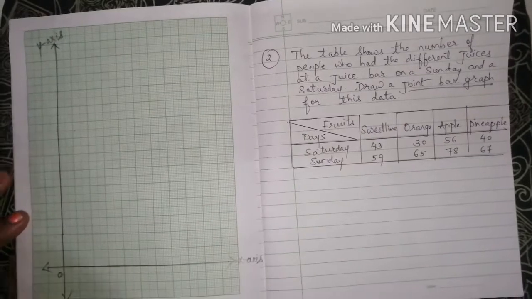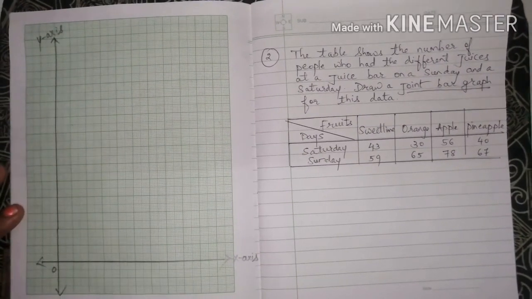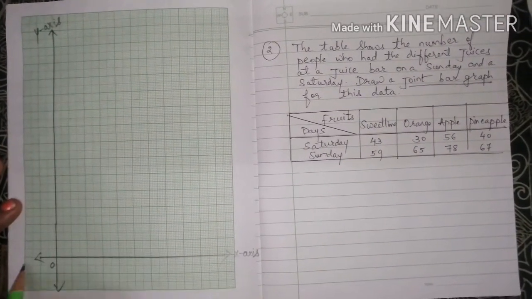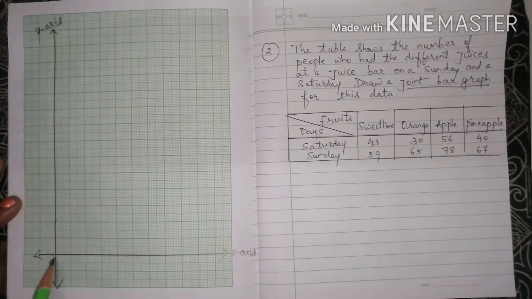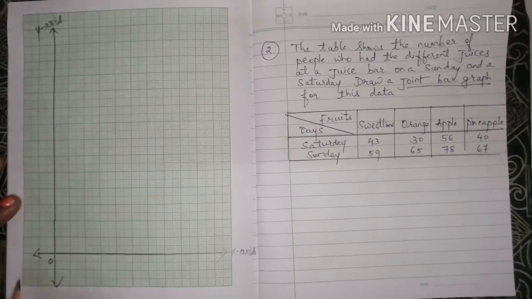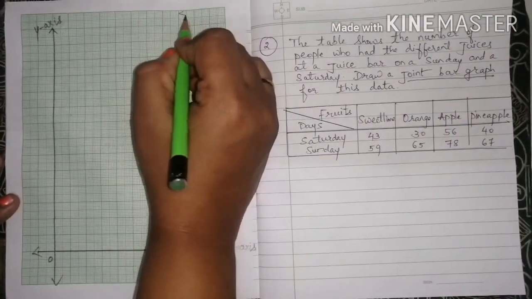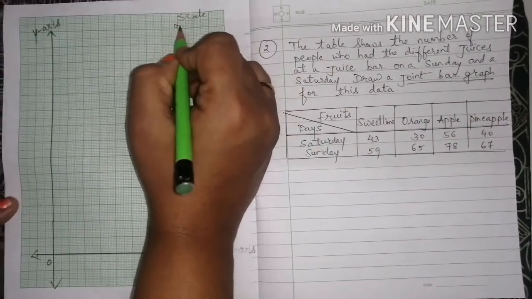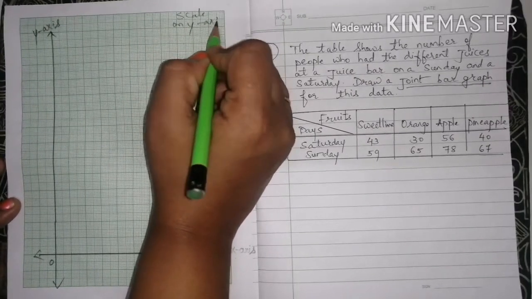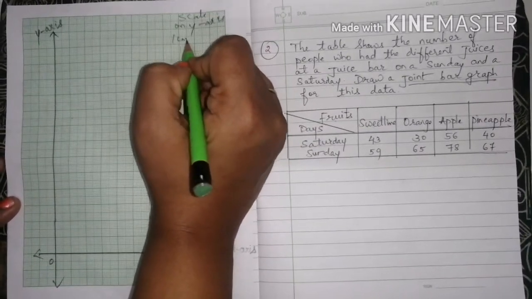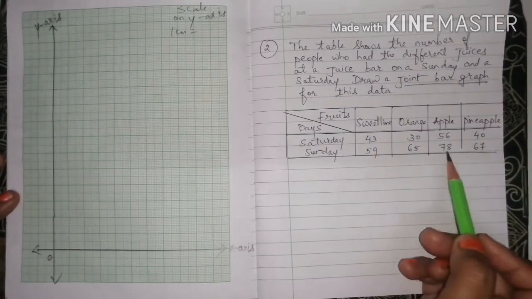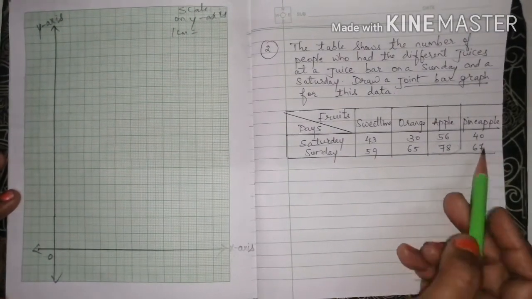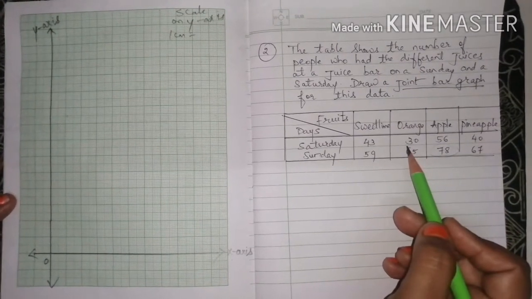So let us draw. Before that, you have to draw the axes. Already the axes I have drawn. The horizontal one is the x-axis, the vertical one is the y-axis. The intersection is origin 0. So let's start. Before that, let's consider the scale on the y-axis. 1 centimeter equals how much are you considering? Here the maximum number, I think, is 78, and the minimum number is 30.